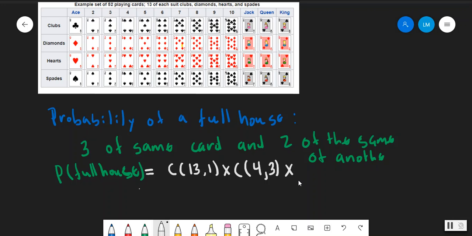But to do that, that's just going to be combination 12 choose 1, because we're just selecting the other card that's different. So that's going to be 12 choose 1 multiplied by, well, how many do we need? We need that there's going to be 4 and that we're going to select 2.